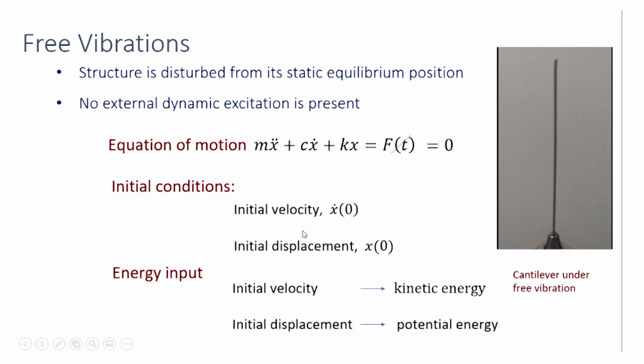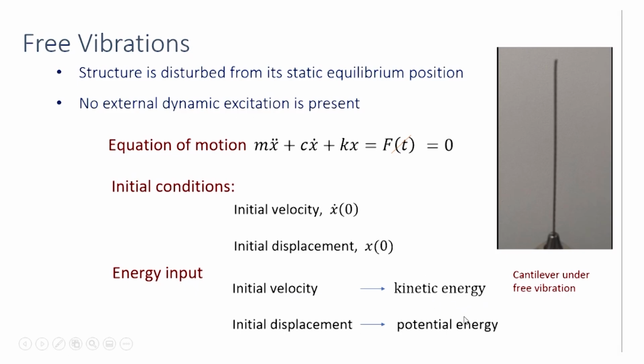When we give this initial displacement or velocity, the structure gets some energy. When we give an initial displacement, we are giving the structure potential energy or strain energy. And when an initial velocity is given to the structure, that is kinetic energy.